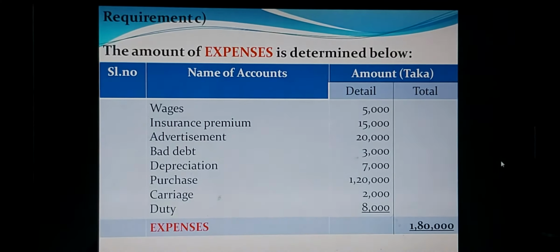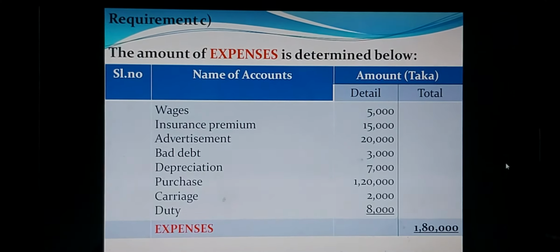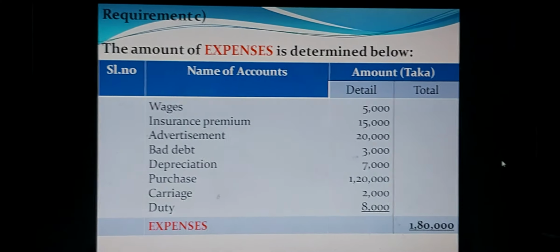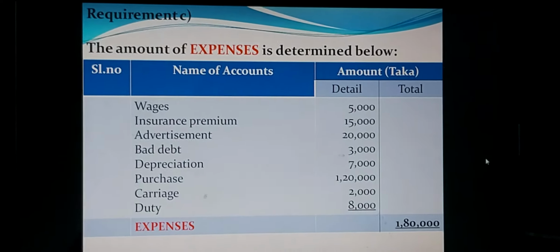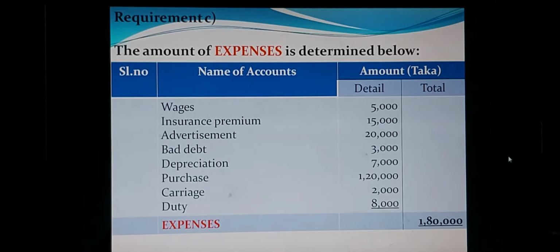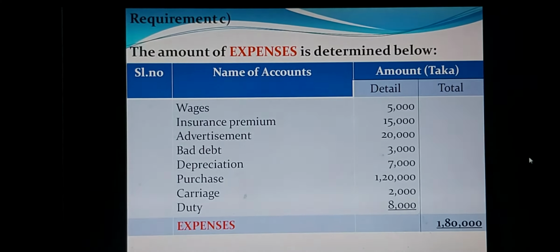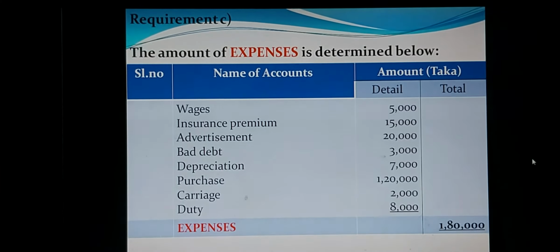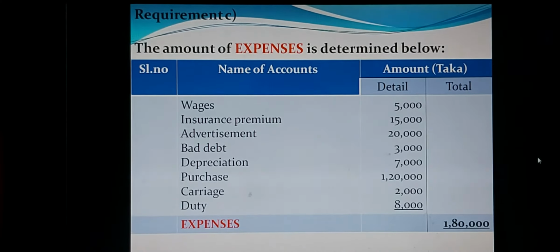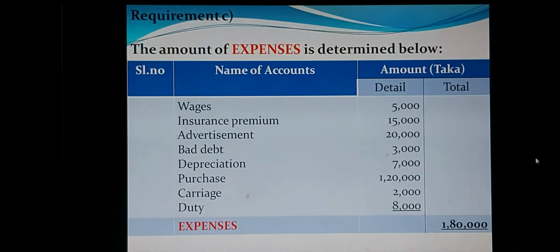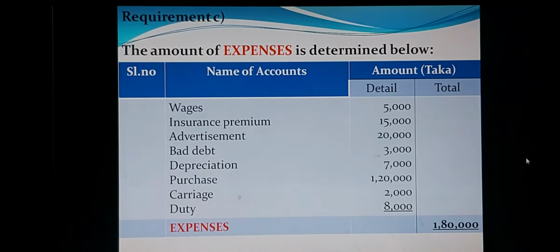So in this STEM, totally 8 expenses are available. The first one is wages, that is wages paid to worker. Take 5,000. Insurance premium, that is insurance premium paid, that is another expense. Advertisement, that is publicity expenses of any business or of any product.